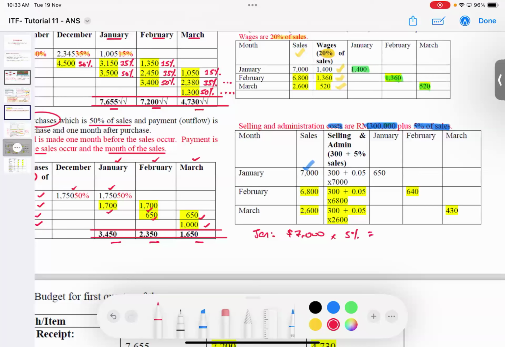So let's calculate. 7,000, 5% of it is 350. Plus the 300,000. Remember all these are in thousand. So get 650. You do the same for February and March as well.